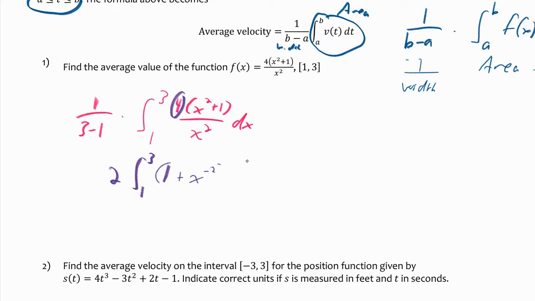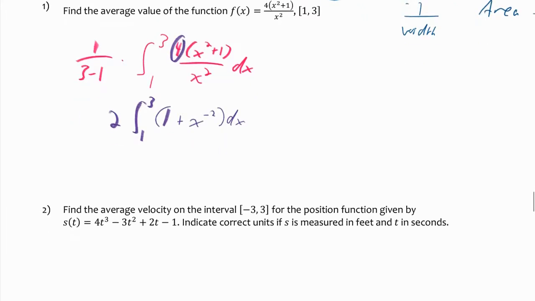dx. Then the antiderivative would be 2 times x plus, this actually minus x to the negative 1, evaluated from 1 to 3.